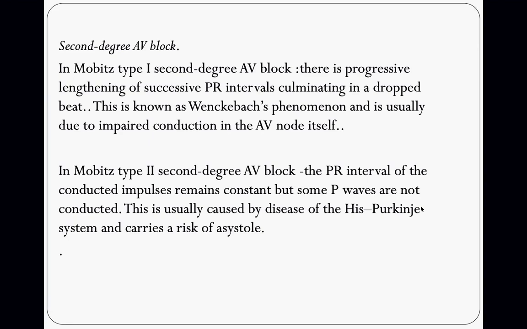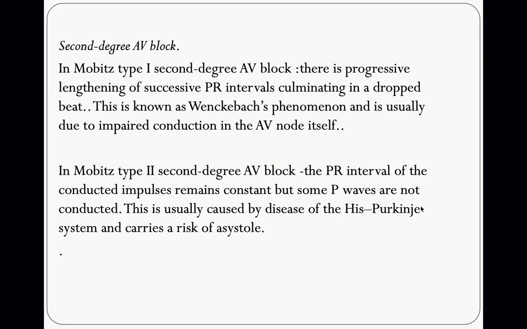هذا الحكي احنا شرحناه كما قبل شوية انه second degree block characterized by dropped beat or missed beat. انقسم الى قسمين: Mobitz 1 و Mobitz 2. الموبس 1 there is a progressive lengthening of successive PR intervals that ends in a dropped beat. This is known as Wenckebach phenomenon and is usually due to impaired conduction in the AV node itself.